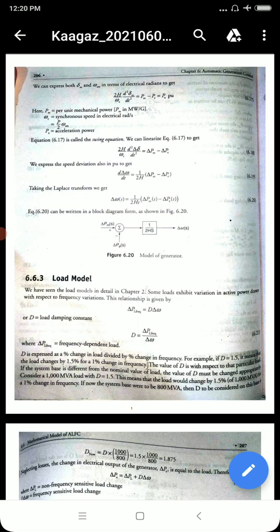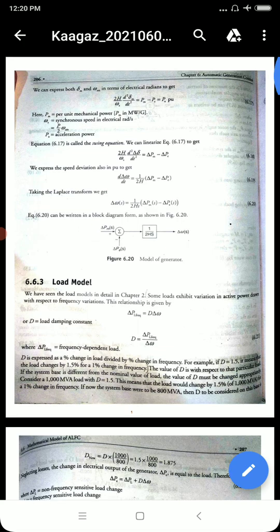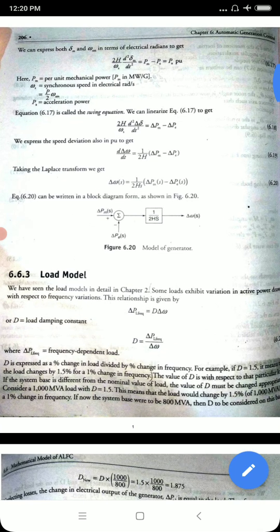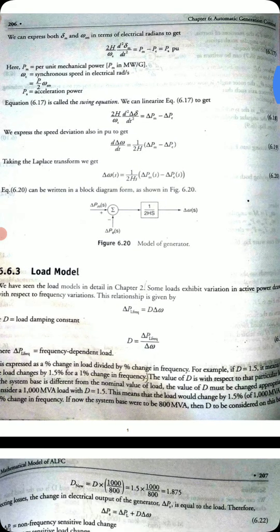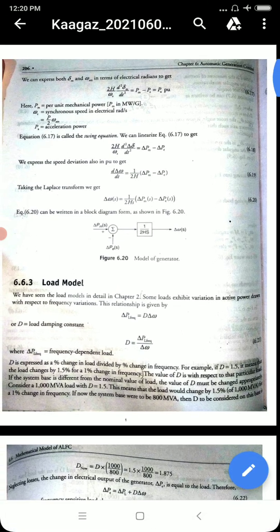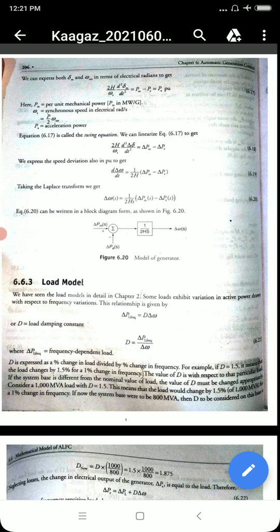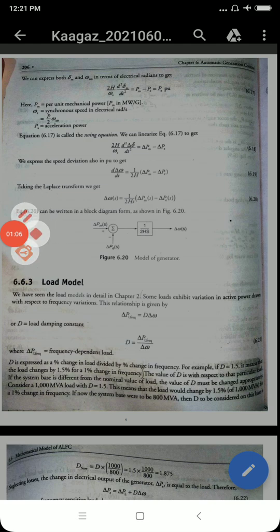So this figure 6.20 gives us the generator model. Now I need to add the load model to this one, so the total model becomes the generator plus load model. Some loads exhibit variation in active power drawn with respect to the frequency variation.